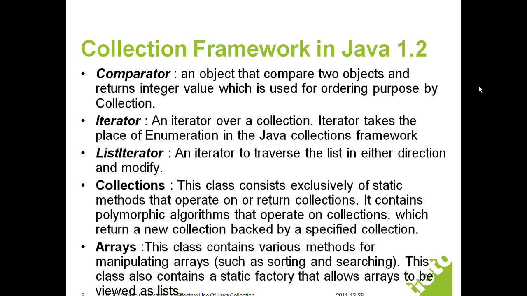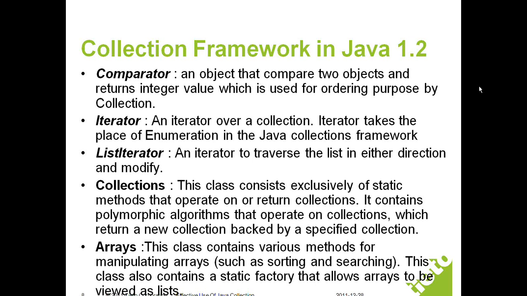So that logic has to be given by the object itself, and for that, the class of the object which we are going to insert in a sorted set or tree set kind of collection should implement the Comparable interface, which comes with the compareTo method and returns an int, where a negative, positive, or zero value can be returned.